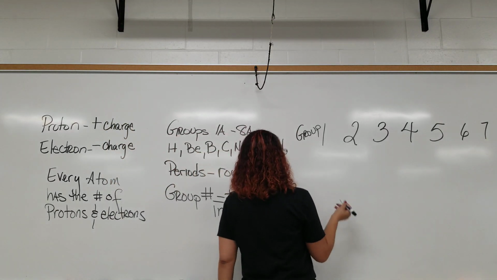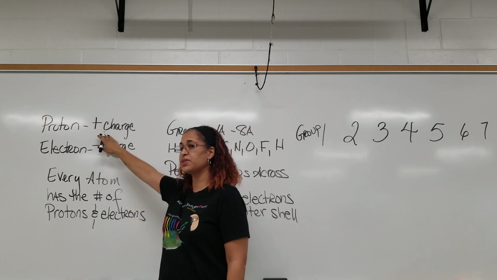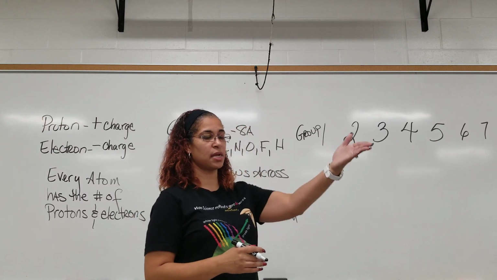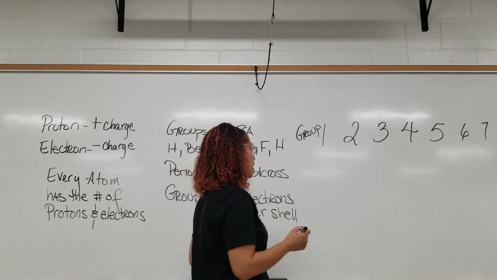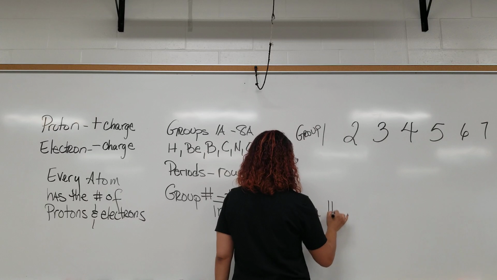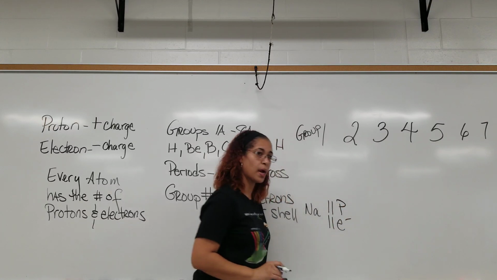So because electrons are negatively charged and protons are positively charged, when it gets rid of 1 electron, for example, let's say sodium. Sodium has 11 protons and 11 electrons, right?